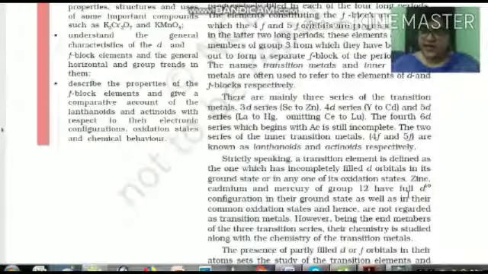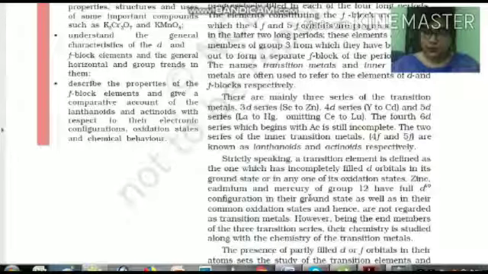Zinc has 3d10, cadmium has 4d10 and mercury has 5d10. All have the common oxidation state 2+, and in all these, even the ground state has completely filled d orbitals, as well as in the stable oxidation state, with fully filled d orbitals.